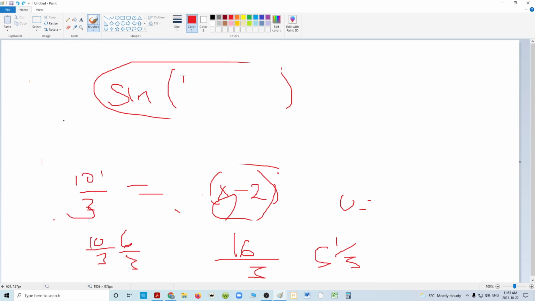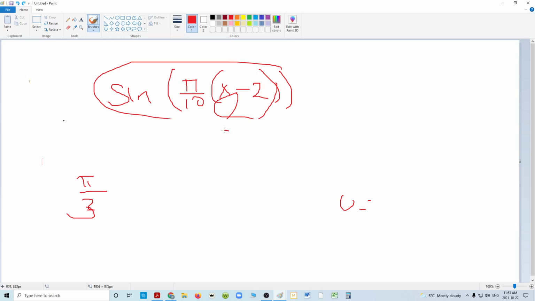If you go back and put 5 1/3 in here, and I subtract 2, I get 3 1/3, and if I divide that by 10, I get 0.3333 pi. Now I would just leave that like that. So sine of that is equal to my angle, right?